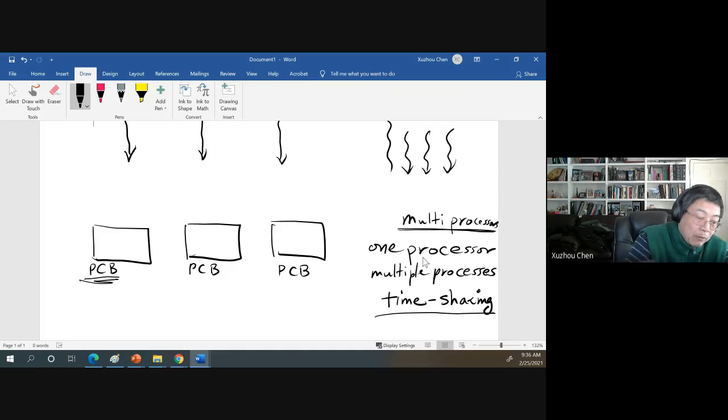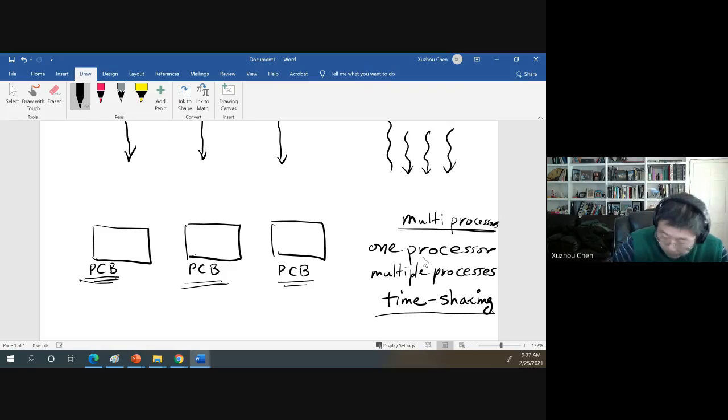Otherwise, when it's time for the processor to execute this process again, you have to know what the last state was. So you have to reload all the data stored in the PCB back to the registers. That's why we use a PCB to record the state of the process.